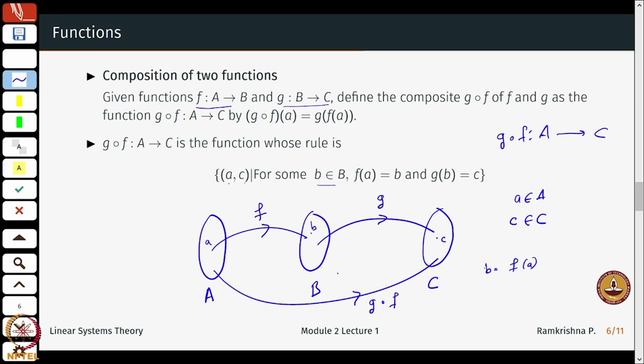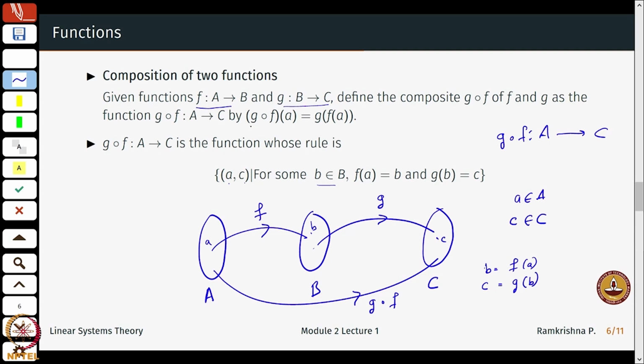Now what does g do? The g takes this point b and gives me a point c. So g takes in its argument b and gives me a point c. This is the general rule. It is (a, c) for some b in capital B, which is the image of this point a under the map of the function f, and similarly c is the image of this point b under the map of the function g.